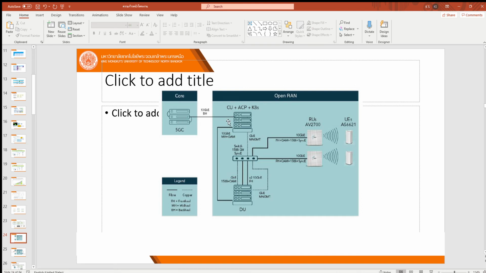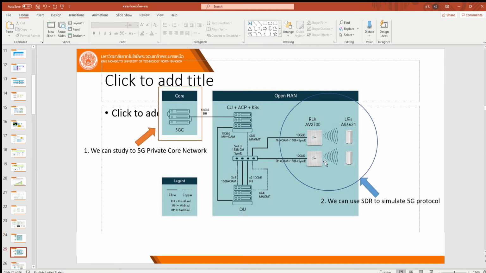As you know, for 5G you need low latency, so the core network has to be optical fiber. And then when you talk to the radio unit, it goes to the switch, and then goes to the antenna, and then talks to the UE or the device.